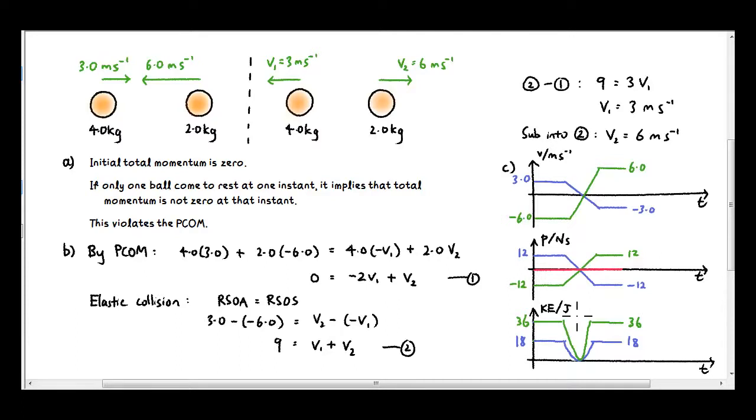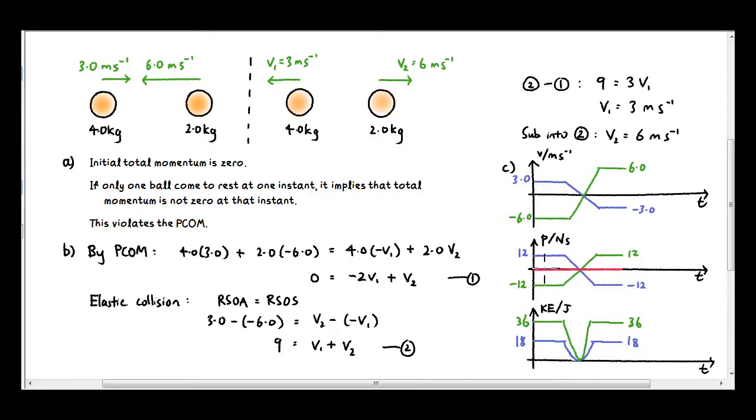In fact, the kinetic energy must be stored somewhere as potential energy, either as some kind of elastic potential energy or in the deformation of the balls. But for an elastic collision, this energy stored as potential energy will eventually be returned as kinetic energy of the two balls after the collision.